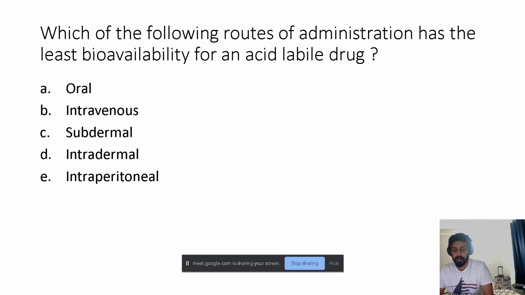Which of the following routes of administration has the least bioavailability for an acid labile drug? Is it oral, intravenous, subdermal, intradermal, or intraperitoneal? They have an acid labile drug, meaning that drug will get degraded in the presence of an acid, and they're asking which route will therefore have the least bioavailability.